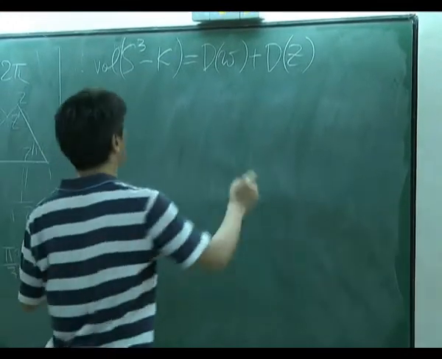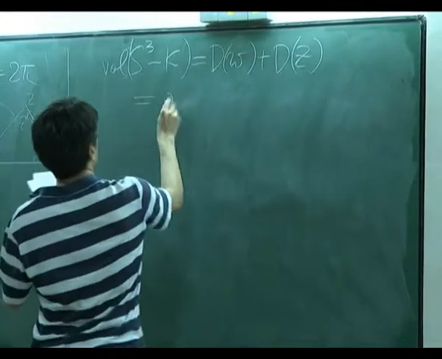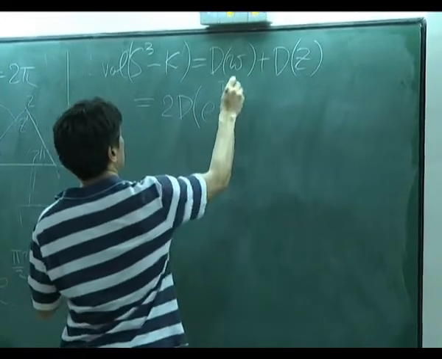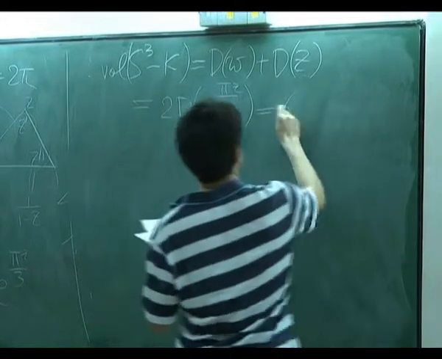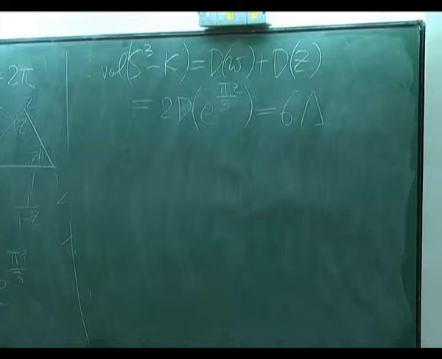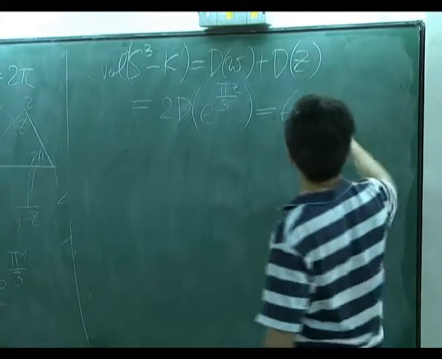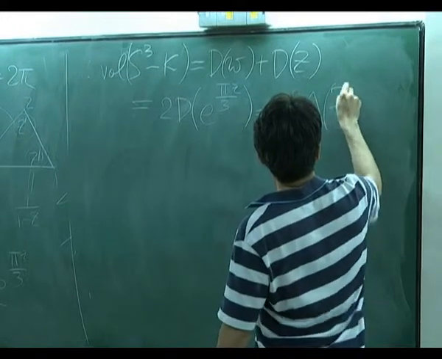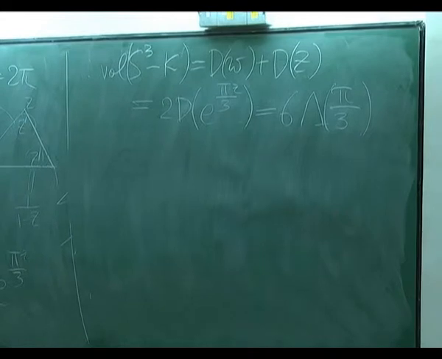So the volume is just 2 times the Bloch-Wigner function, and this is equal to this one.